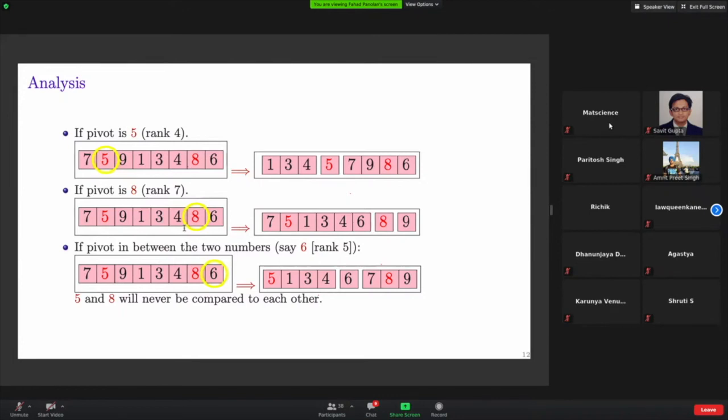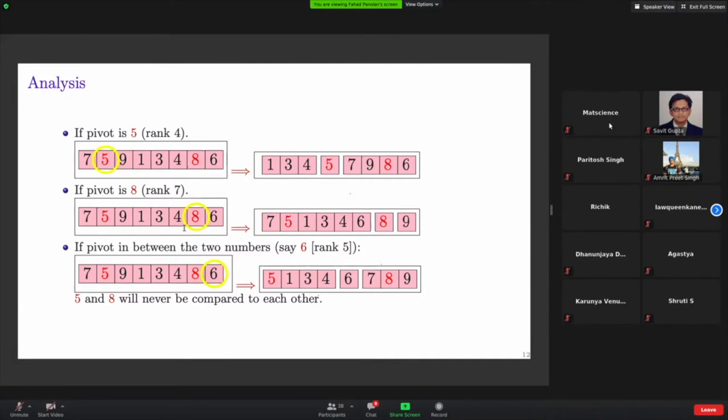Among these, if the first pivot is the rank 4 element or rank 7 element, then you will compare. Otherwise, if it is outside this rank range, it will be pushed to a subproblem. If you choose a pivot among the elements of rank 4 to 7 that is not 4 or 7, then they will never be compared.